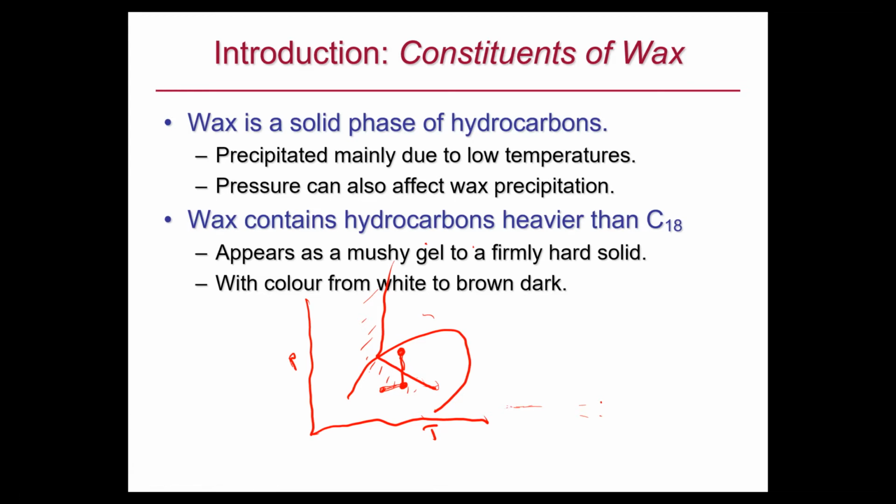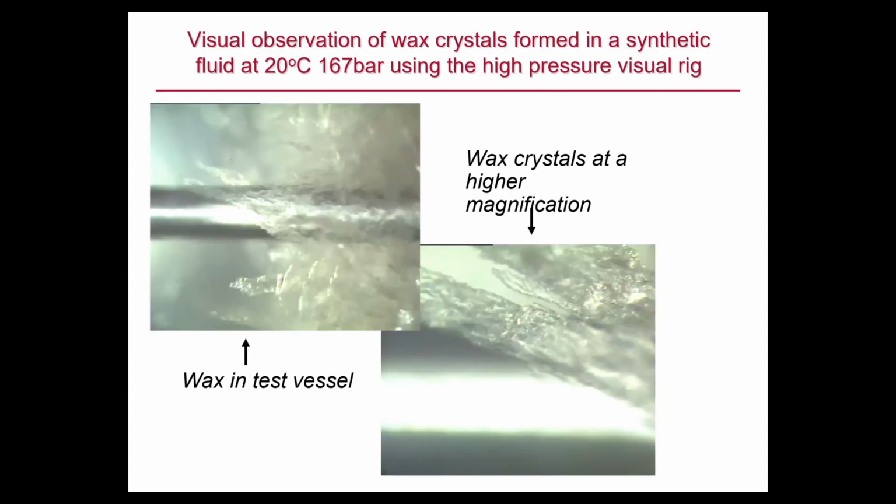And then we have what is called the pour point. That is the point at which the wax is solid and cannot move. There is another point, the wax disappearance temperature, that is useful for modeling wax. So there are various points with respect to wax that we need to consider.